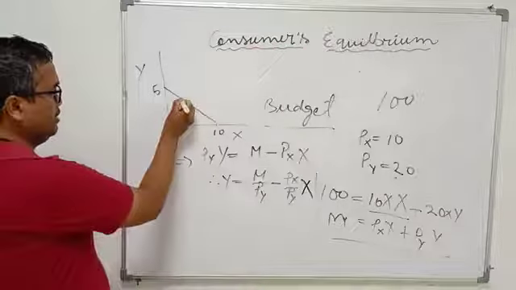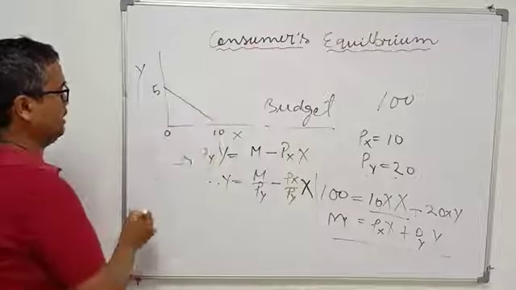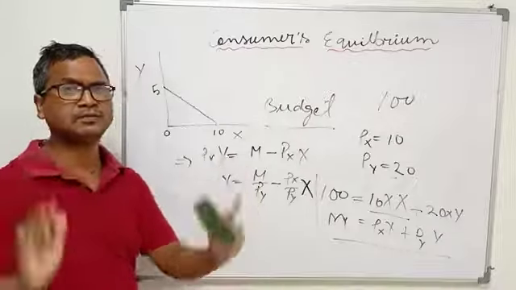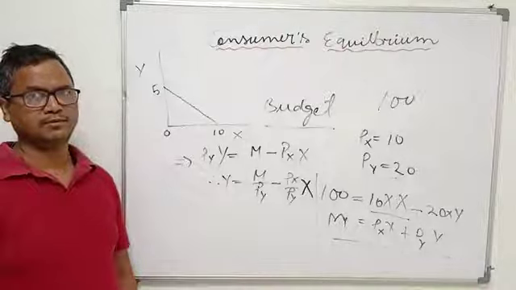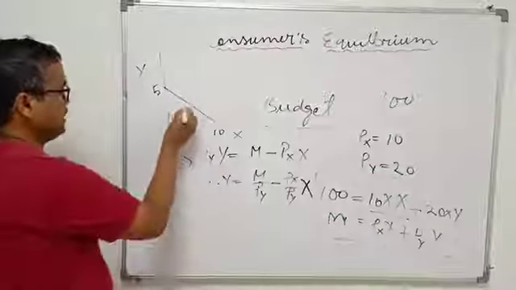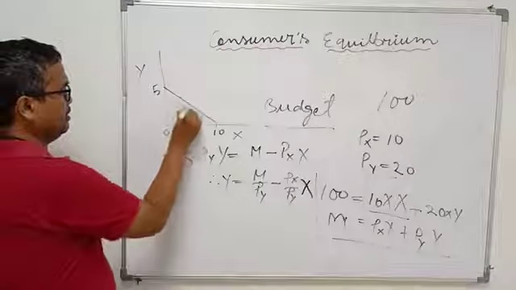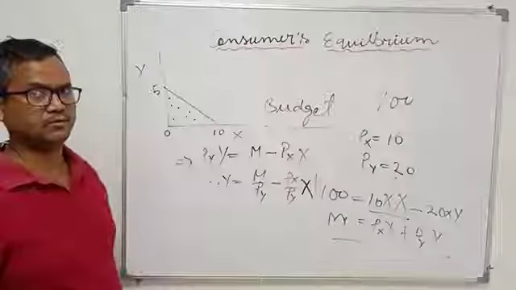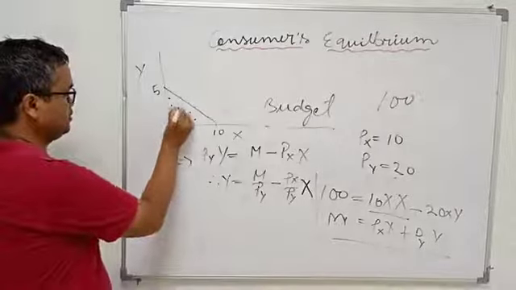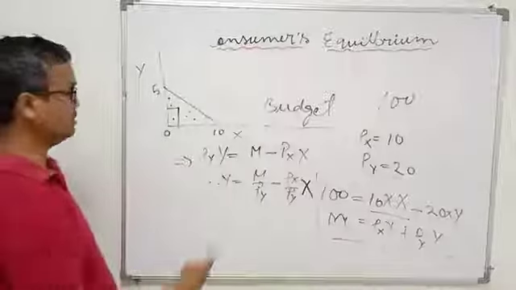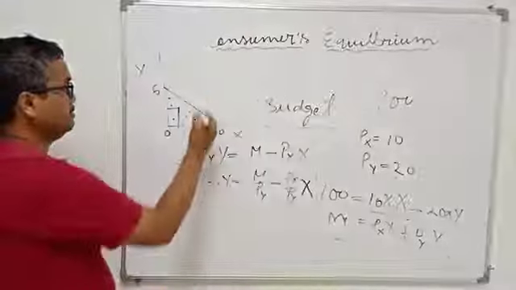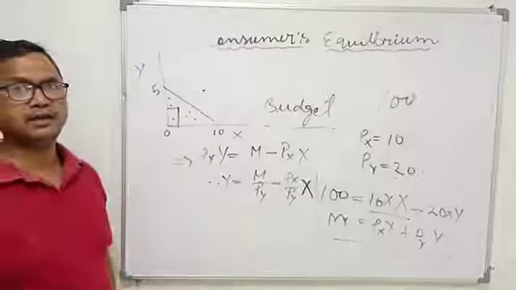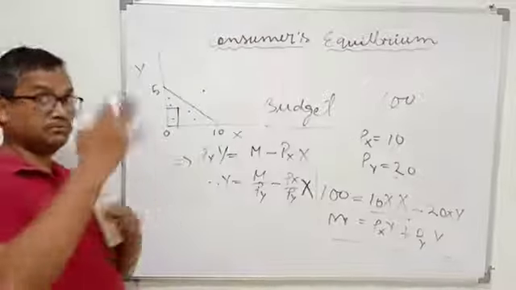The budget line is also a combination of the two goods, Y and X, that you can purchase with the given amount of 100 rupees. Within the budget line, any combination you can purchase, but you will have some extra amount left. A combination beyond the line, I cannot purchase because it is beyond my budget.